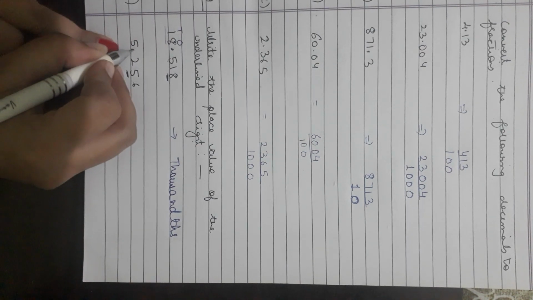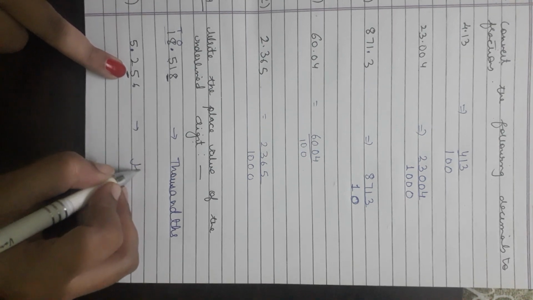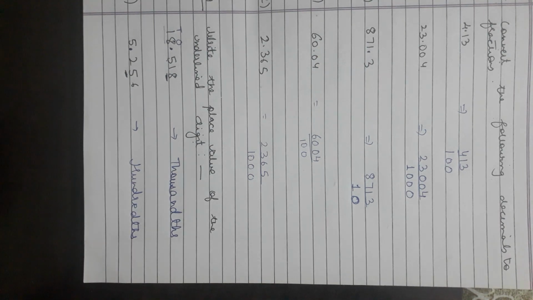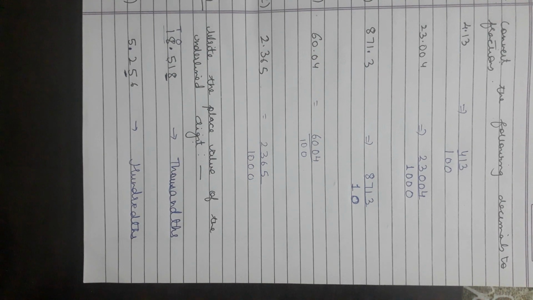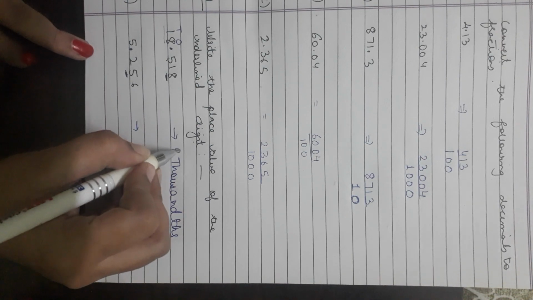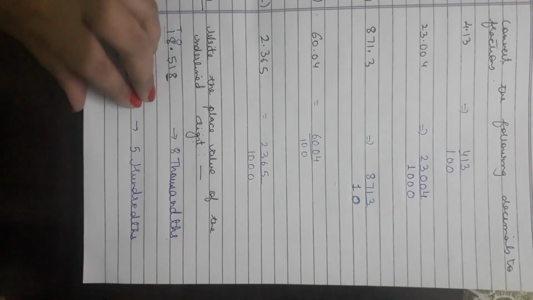Now it is after decimal the second number. So second number it has the place value of hundredths. So how we will write it? We will write it as hundredths, or you can write the number also. It can be 8,000s and 500s.